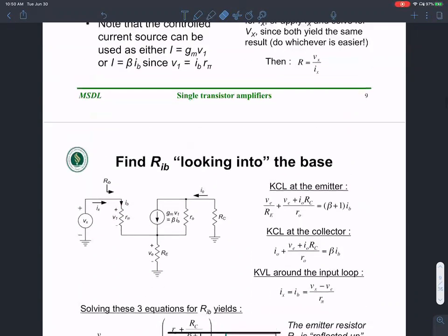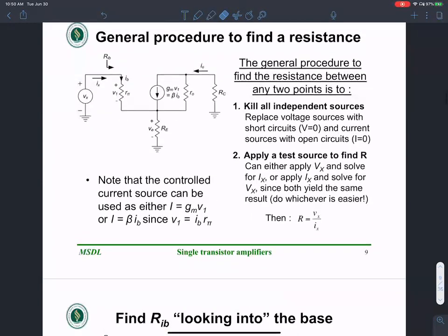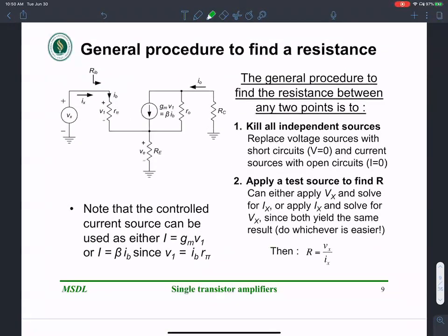The general procedure to find any resistance, let's say you're trying to find RB, is this. The first thing you want to do is kill all independent sources. By deactivating, I mean voltage sources should be short circuited and current sources should be open circuited.